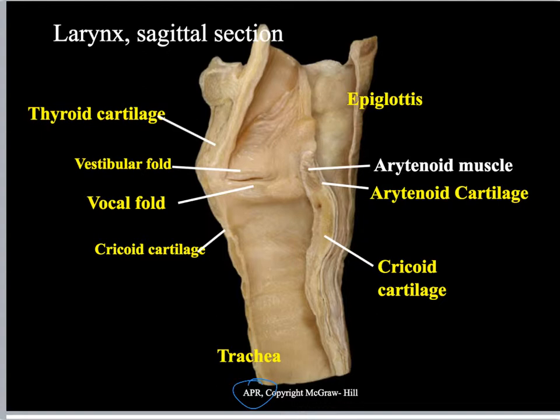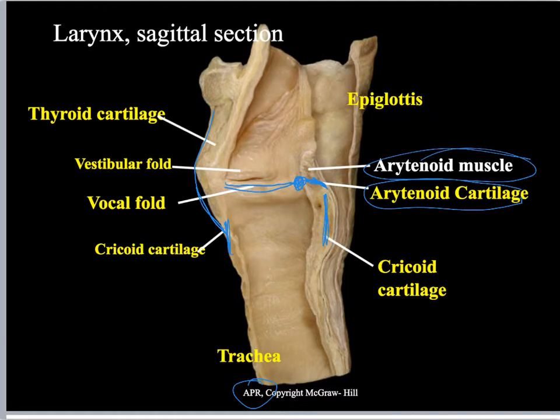All right, so again, another picture from APR, so you can practice on this with and without the labels. What I like is that you can see really nicely your thyroid cartilage here, and then the cricoid cartilage here and here. The arytenoid cartilage here is going up, and it's actually going to anchor your vocal fold. And when the arytenoid muscle contracts, it actually changes the shape of your vocal fold.